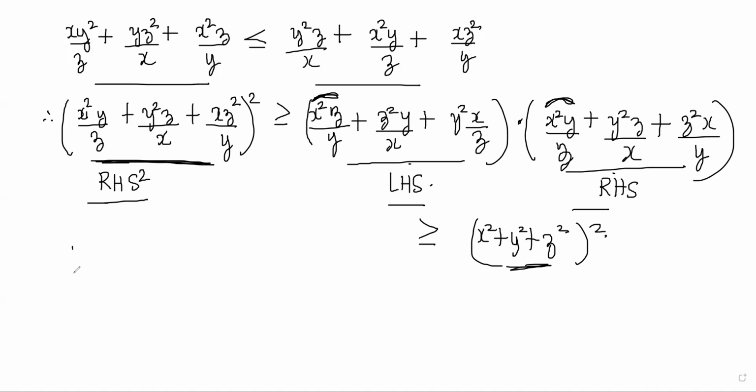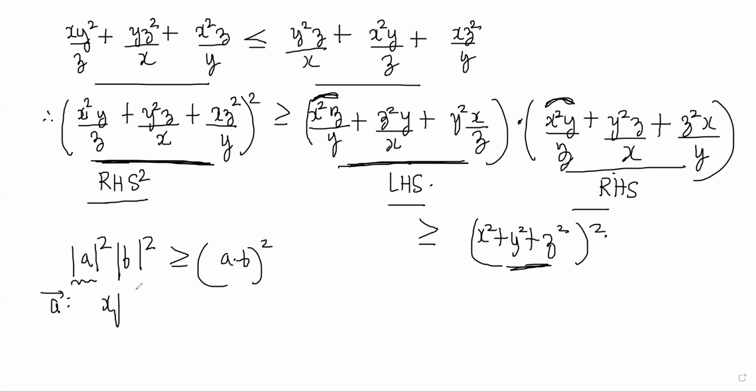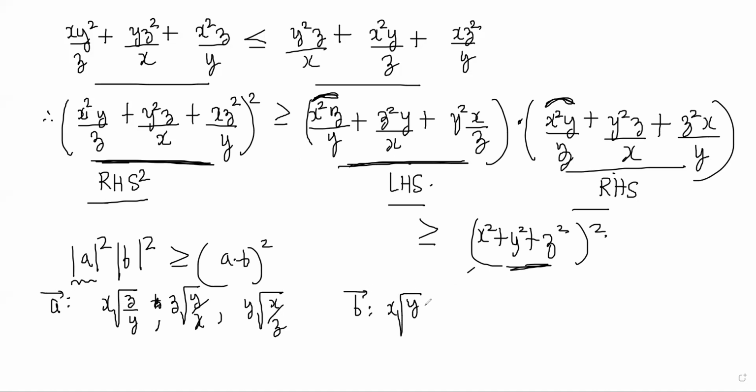I want to prove that this is mod A whole square mod B whole square is greater than (A dot B) whole square, right? So for this to be mod A whole square, the terms of my A vector are: x root over z by y, plus z root over y by x, and y root over x by z. And my B vector can be x root over y by z, and I can take the second term as this one.